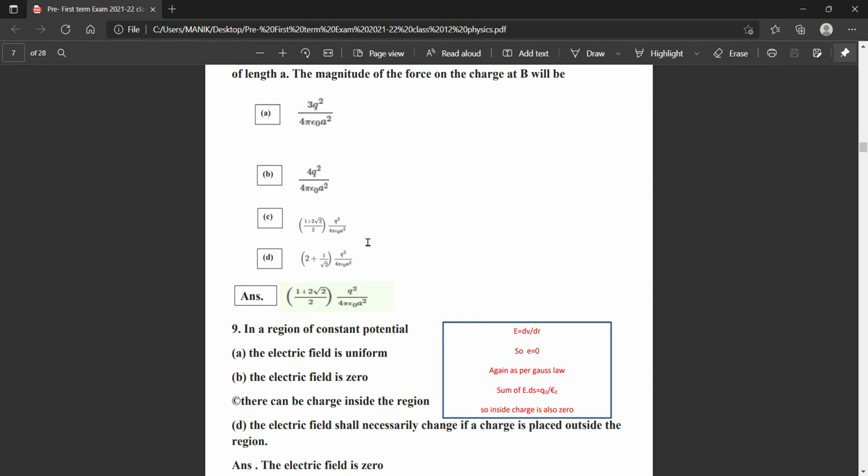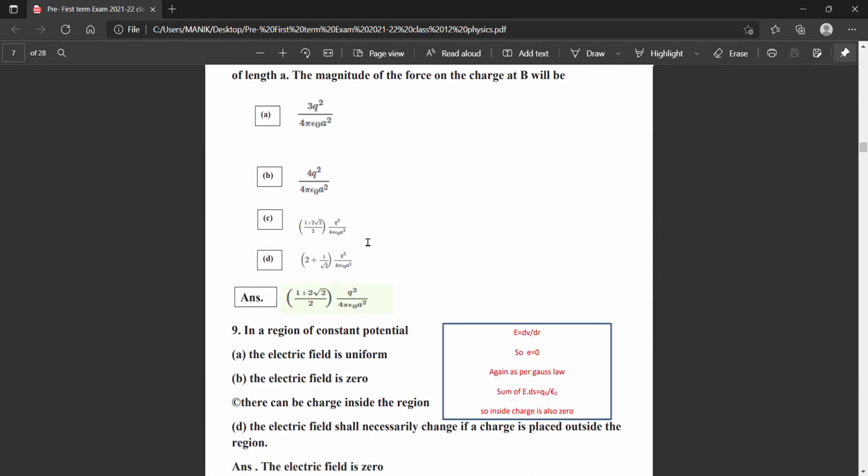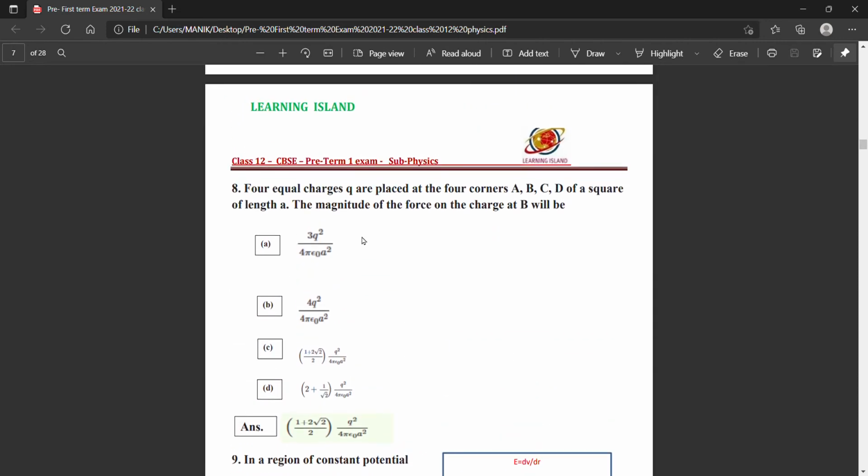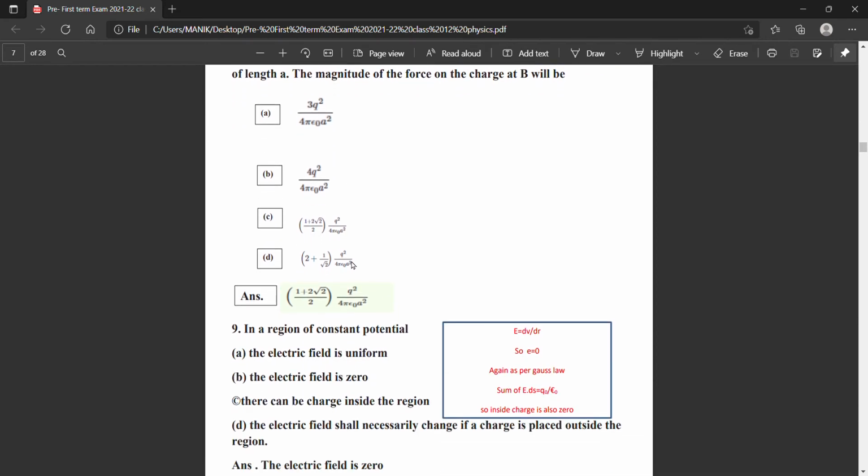Question number 8. 4 equal charges Q are placed at 4 corners A, B, C, D of a square of length A. The magnitude of the force on the charge at B will be. So there are calculations.